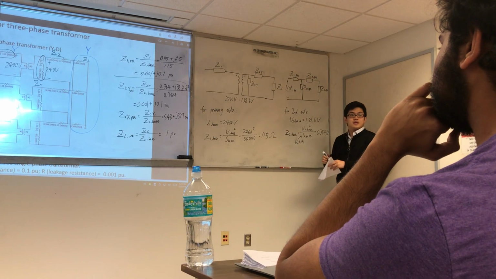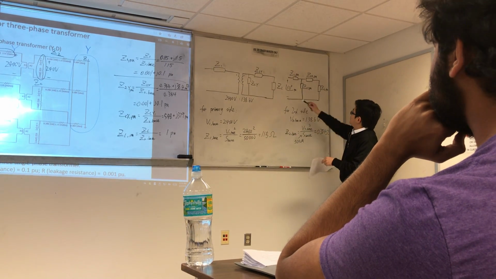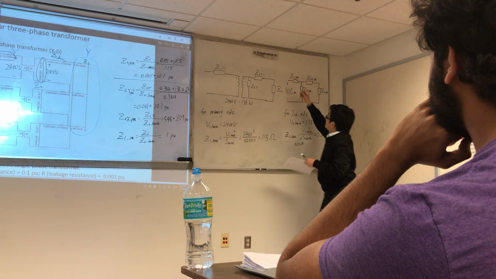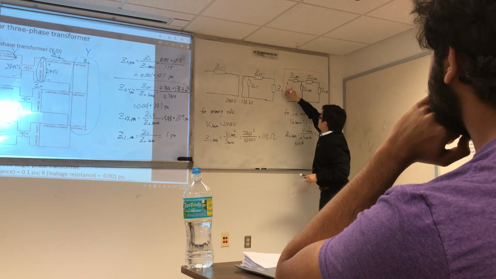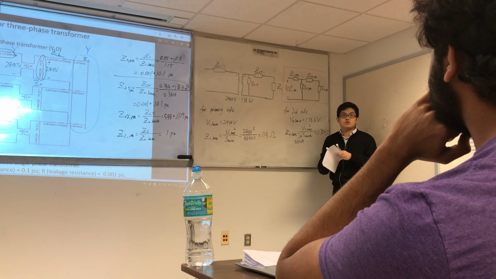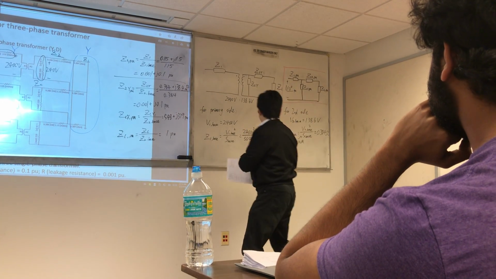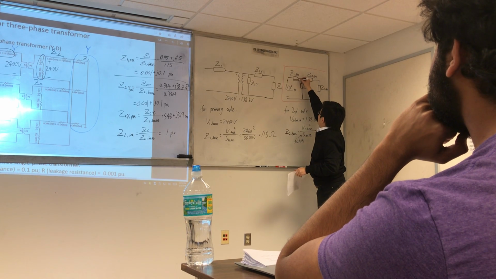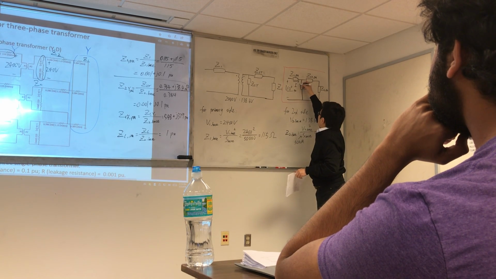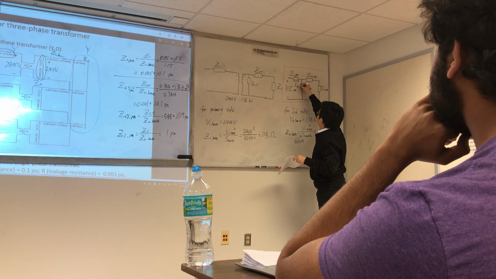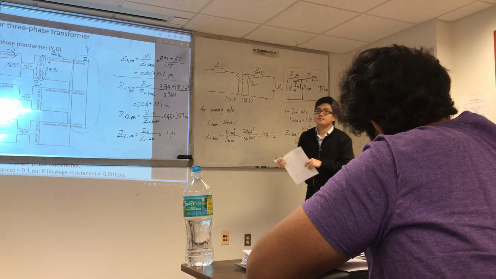So the next thing is easy because you need to use this circuit to do the power calculation. Let's label this current I per unit.